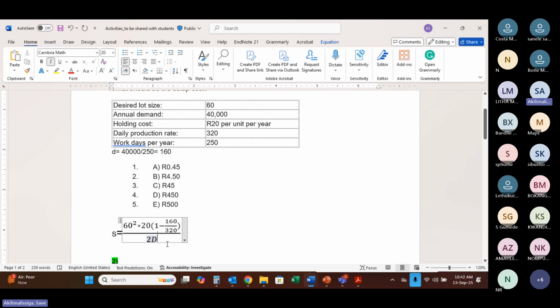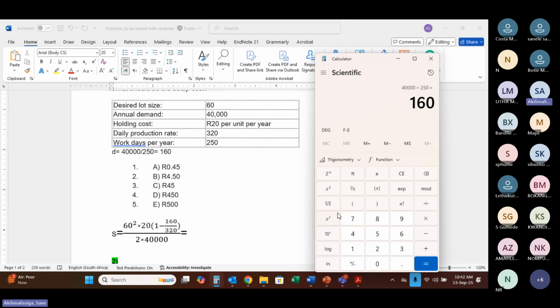All right, so now the annual demand here is capital D, so that's gonna be 40,000. Now what you're gonna do is just take your calculator and do the calculations. I usually start with the part between brackets. So 1 minus, between brackets, 160 divided by 320.